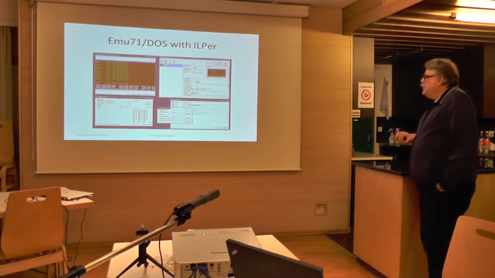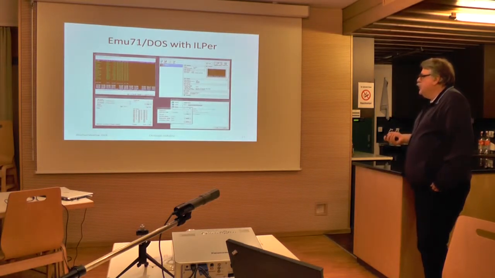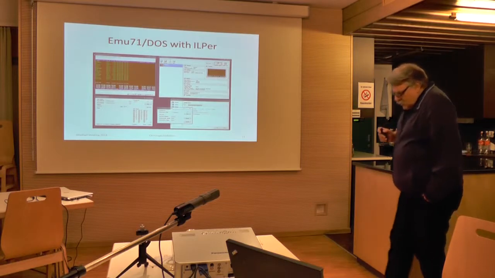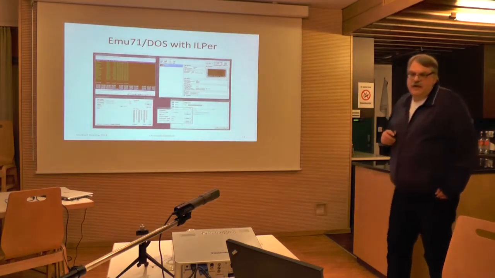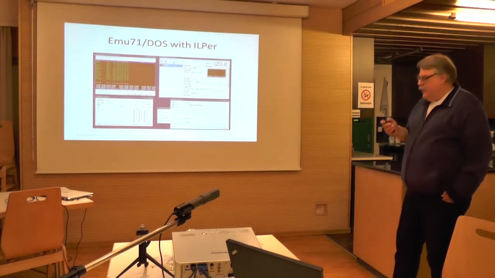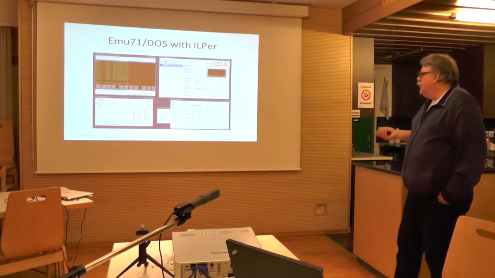I opened the serial port configuration here, so you see, I capture the serial port and then redirect it to an open named pipe. I have two possibilities. I can use named pipes under Windows or TCP/IP. In this particular case, I'm using a named pipe.